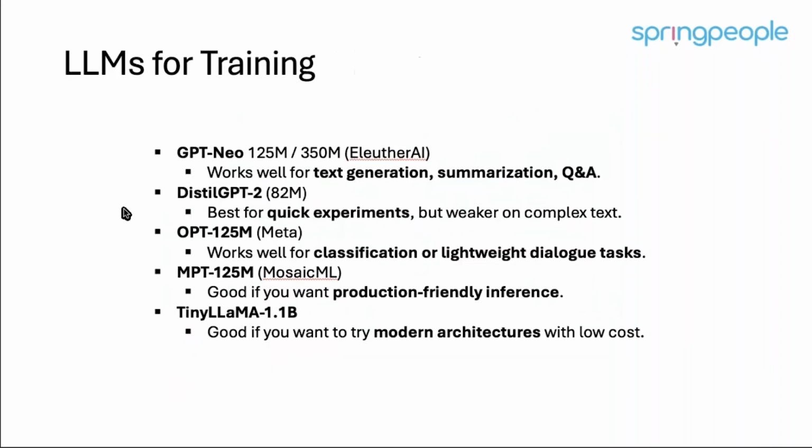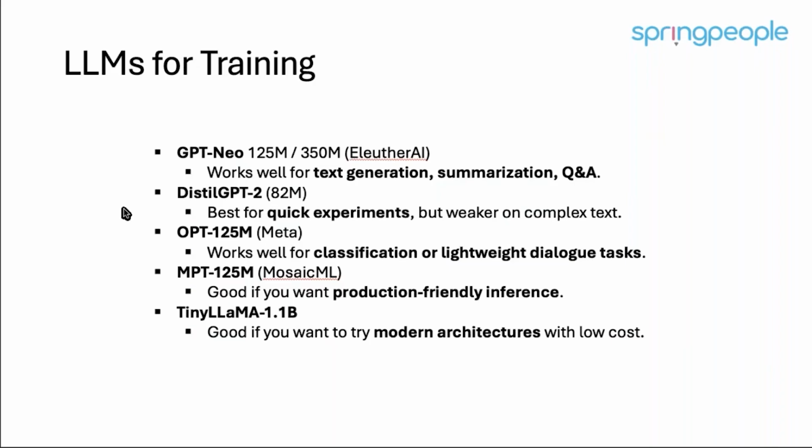Okay, so if you want to try some pre-training, what would be the choice of models that you want to use? There are many models available, but some models are very specific for training requirements, like this tool called GPT Neo from EleutherAI, or Tiny Llama, which is another one. These are both experimental and for testing.